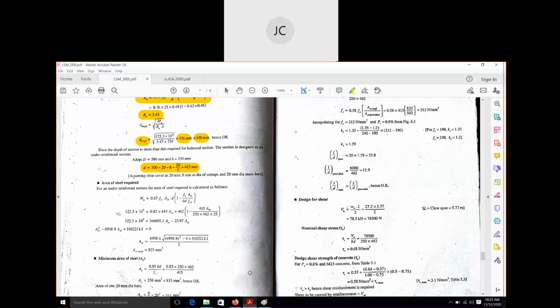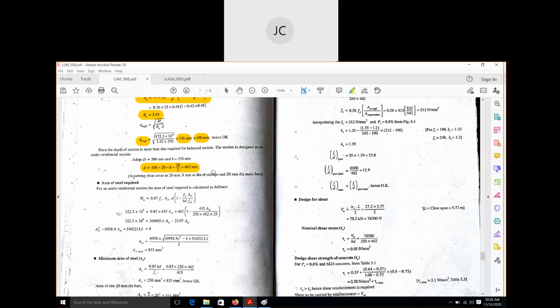Yes, sir. Okay, so this is the thing they have done. See here. This is the total depth minus clear cover minus the diameter of the stirrups minus half of the diameter of main bar. So they have got 462 millimeter. I hope all of you have understood this part at least.